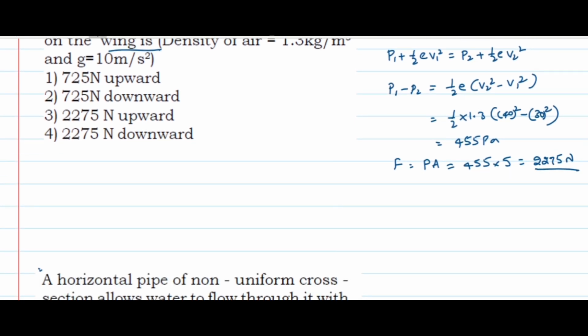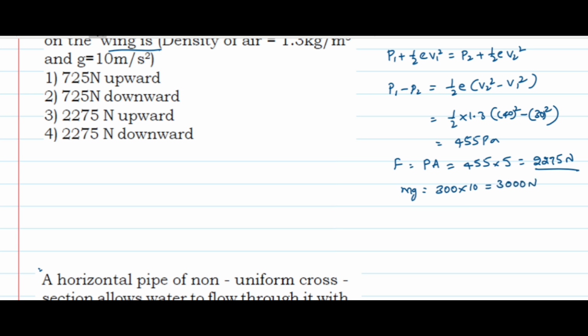The second thing they're asking is the mg value. Weight is nothing but mass into g, so 300 kg into 10, which gives 3000 newtons.